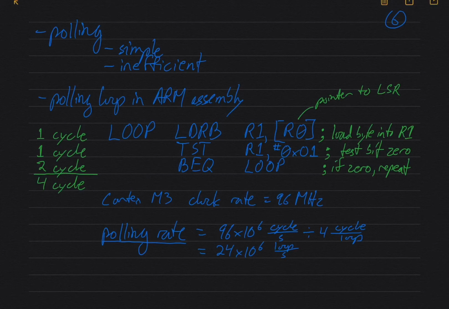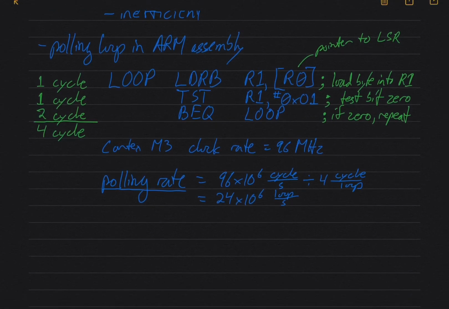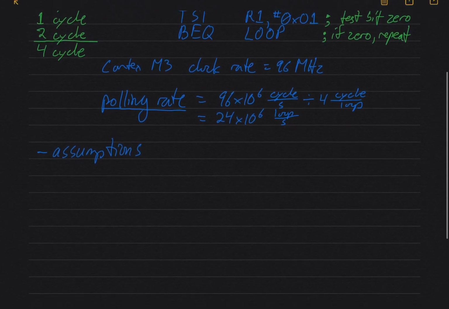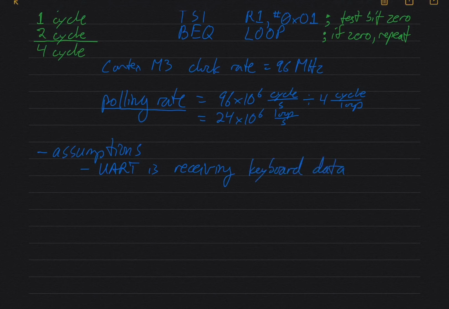So pretty fast, but how fast is that? So let's make some assumptions. First assumption is that the UART is receiving keyboard data. So keyboards are fairly slow input devices because it depends on a human to type.